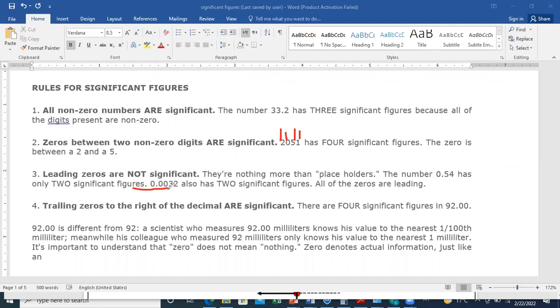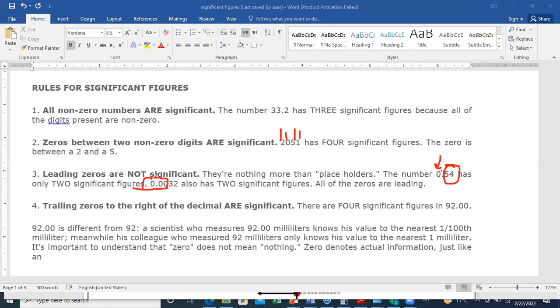These are called leading zeros, and we don't count them. So if we have the number 0.54, this zero is not counted. We count 5 and 4, so 0.54 has only two significant figures.